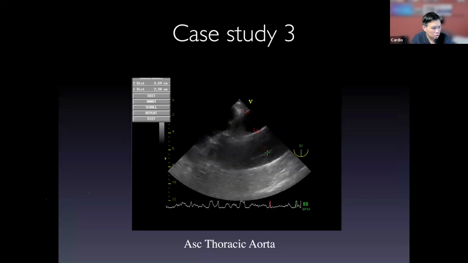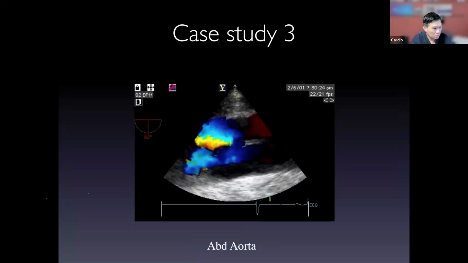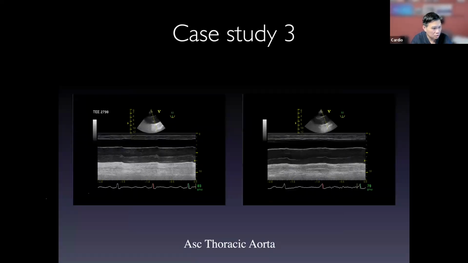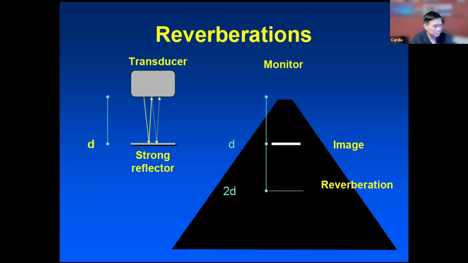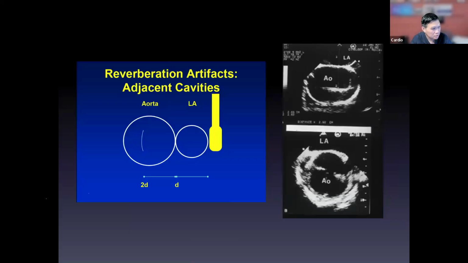Another strategy is putting color on it. I don't think I have that picture here, but this is the reflection artifact that has been described. I was borrowing one of the slides from Dr. Levine, showing that if you have the TEE, structures can reflect back.